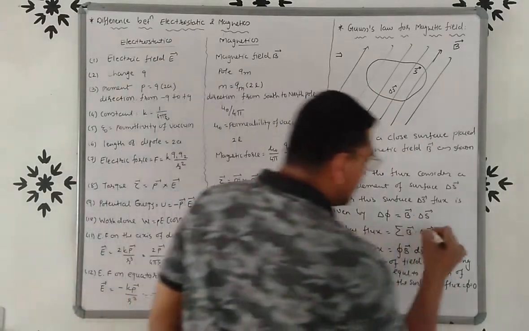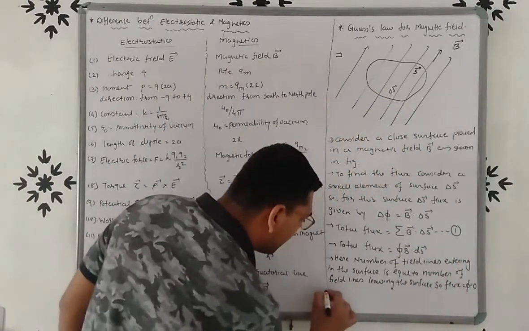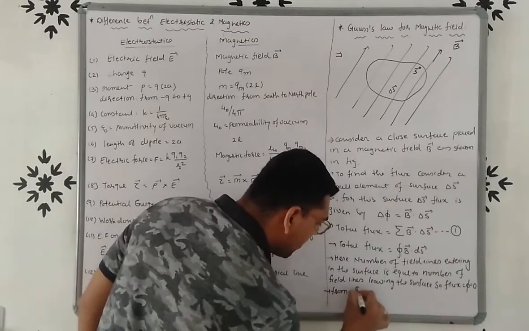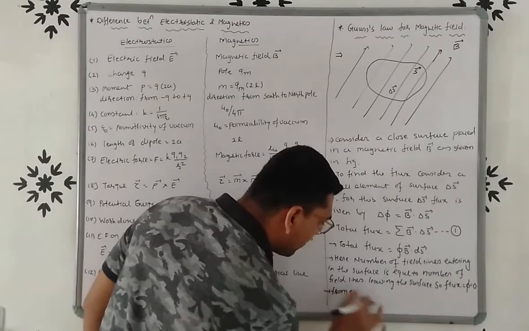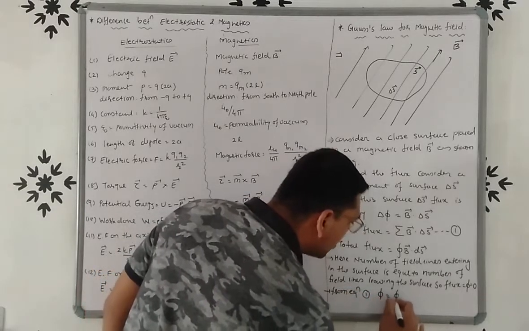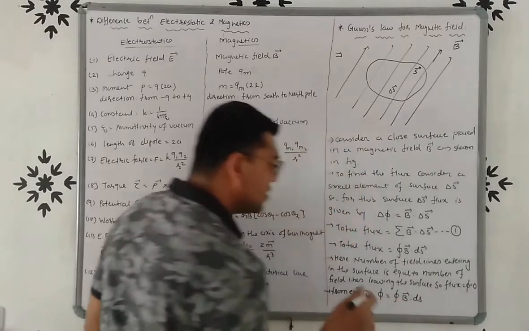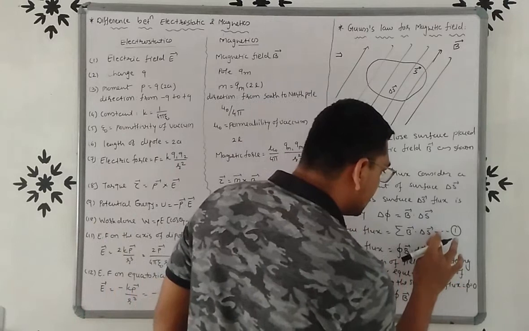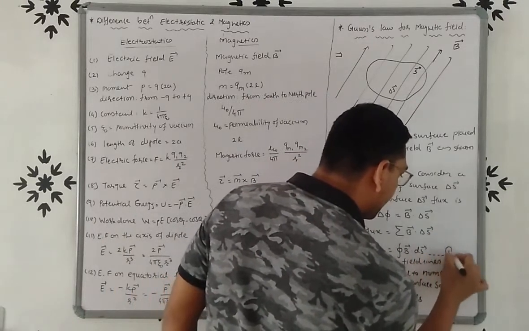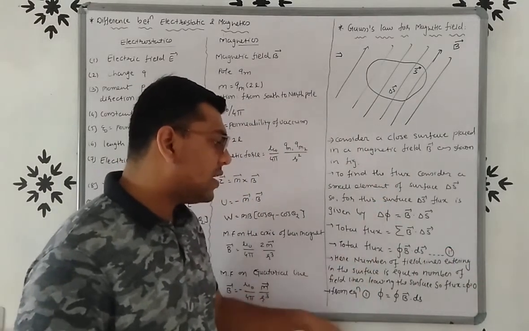So here this is equation 1, right? Total flux. From equation 1, flux phi is equals to closed integral vector B dot ds. Sorry friends, this is equation number 1. So from equation 1, the total flux will be 0.